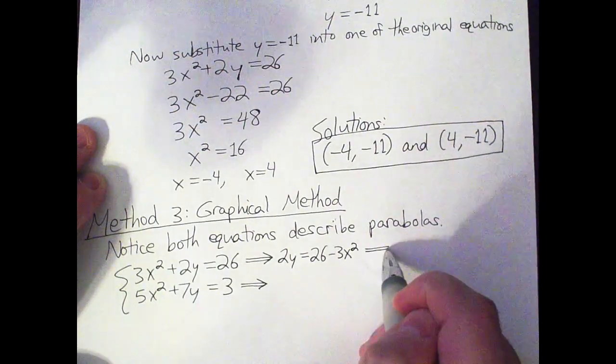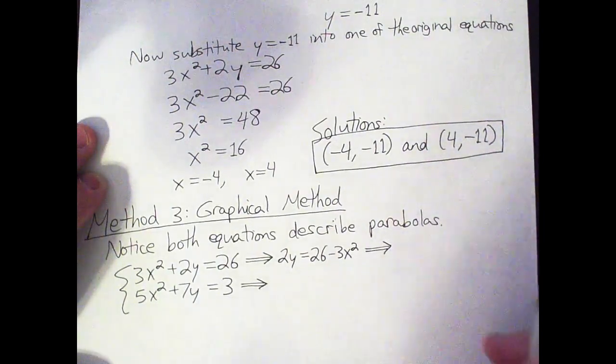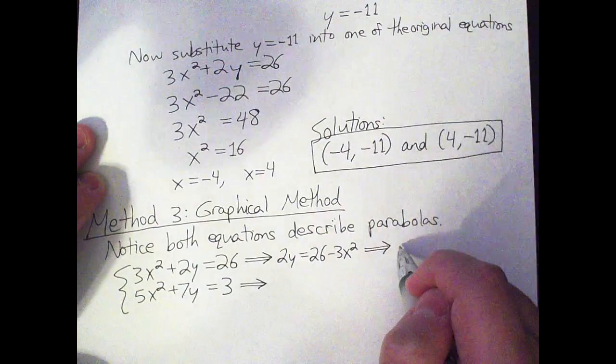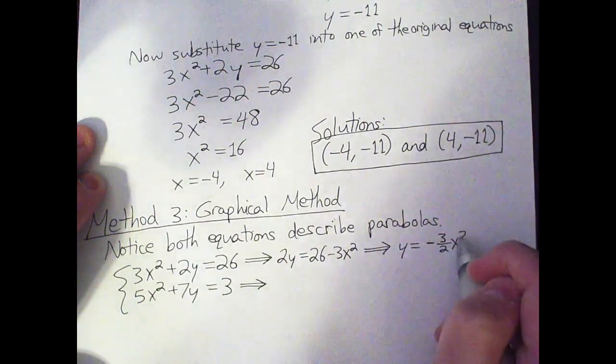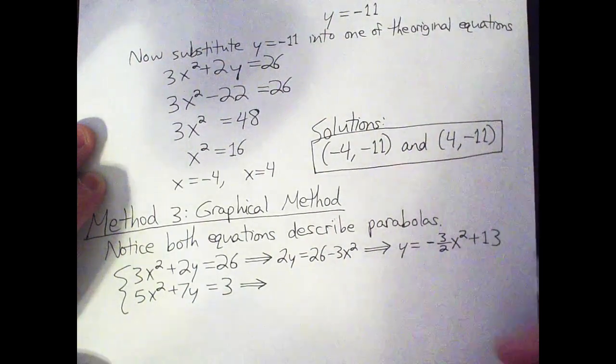And then you could go one step further, divide everything by 2, and you'll get y equals negative 3 halves x squared plus 13.